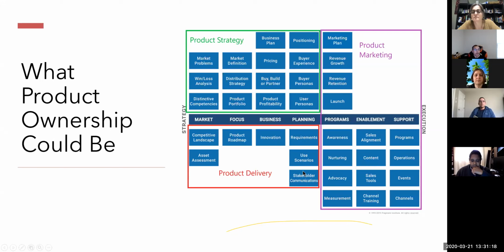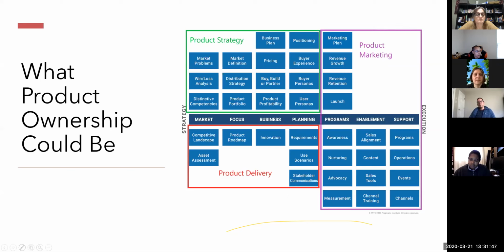I've seen product managers actually have to do the user personas, win-loss, market problems, competitive landscape. I've had other product owners who do this T and they get somewhere in here and they help out with sales and they help out with the launch and they help out with the marketing or the revenue growth. So the key thing here is to really understand what is it that the organization wants from this role.